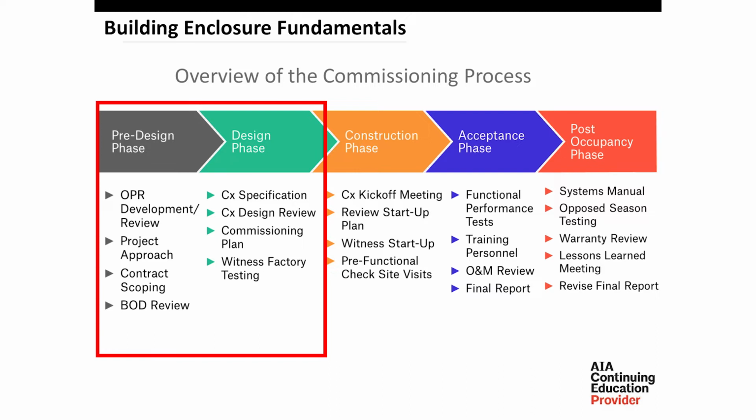So for that purpose, we're talking about here again, where you see some similar type of nomenclature versus what we just saw on the previous slide, where we're developing the OPR, understanding the project approach, doing contract scoping, doing the BOD review, writing CX specifications, CX design review, commissioning plan, and witnessing factory testing if that's applicable. That's really more probably on an MEP side of things, but that is part of the process.